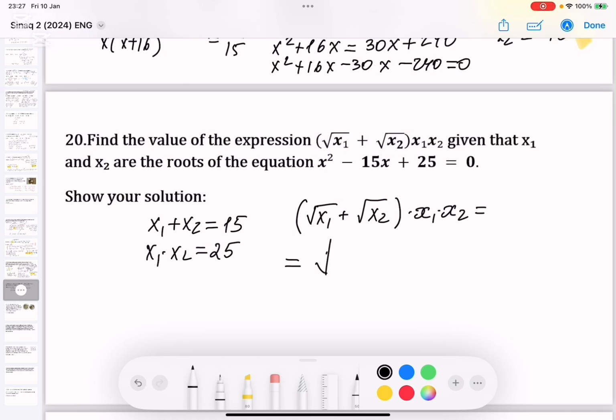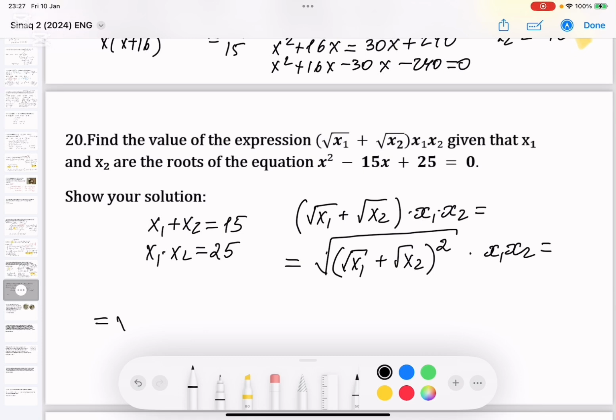Square root of x1 plus square root of x2 can be written under the square root as the square root of x1 plus square root of x2, the whole thing squared, times x1 x2. As you can see, I haven't changed anything, I just changed the look of it.